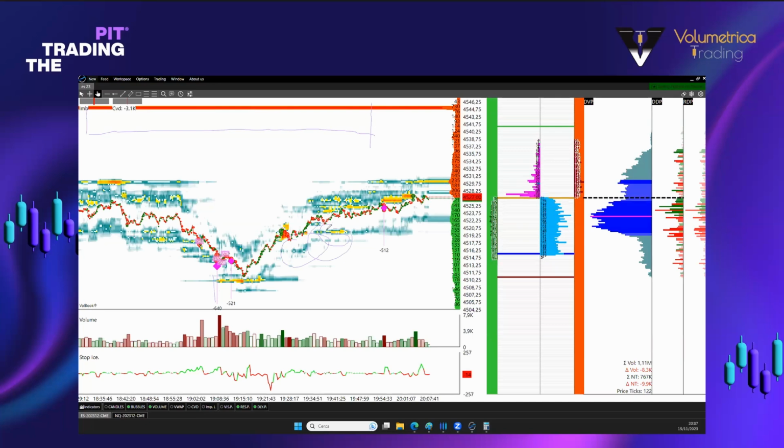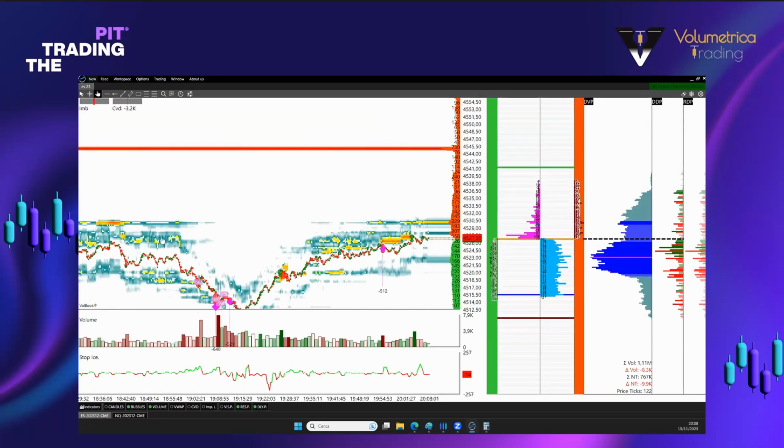This is the first aspect we need to consider when we look at a specific liquidity pool. Why? Basically, because liquidity which is in the order book for a long time is already accepted by the market.